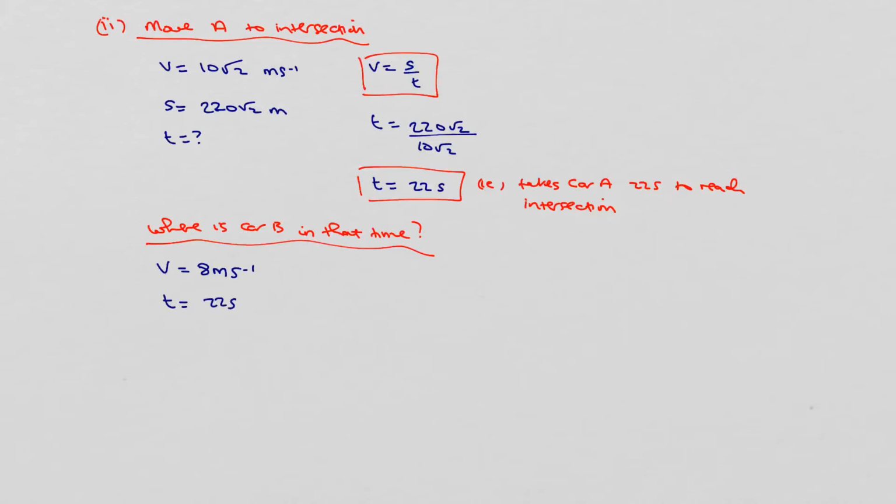In 22 seconds, how far has it actually moved? Again, velocity is equal to distance over time, so the distance travelled is the velocity, 8, times the time taken, 22 seconds. So it has travelled 176 metres in that time.